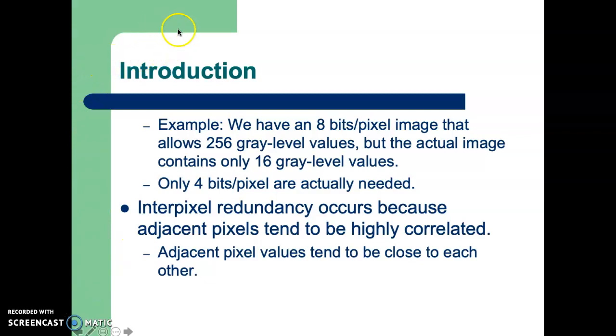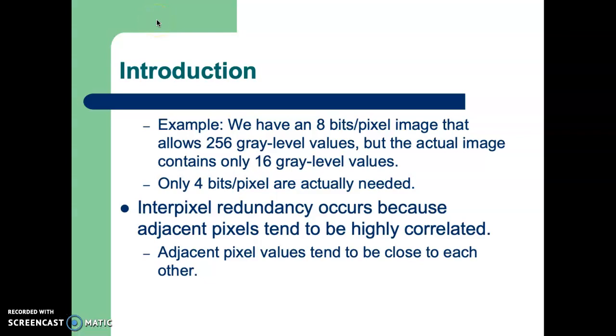The pixel value for each will be the same, or it can be similar. So this we call highly correlated, which means the surrounding pixels tend to be close to each other.